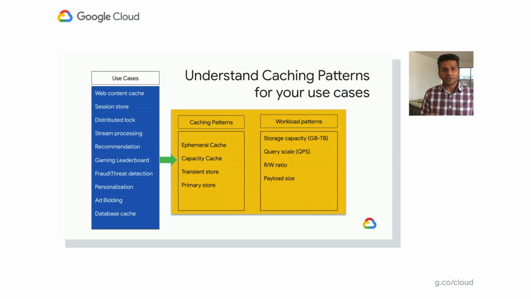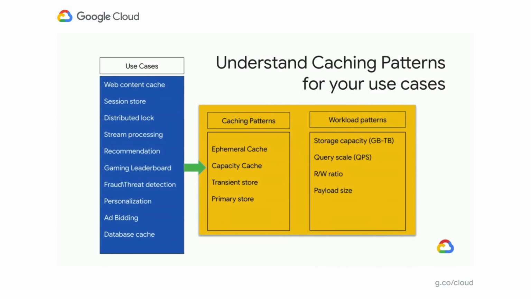So the way we look at use cases is, when it comes to Redis especially, Redis supports a wide variety of use cases. From a simple web content cache or a database cache to distributed log, recommendation engines, threat detection, fraud detection, whatnot. But the key thing to understand is that each of these use cases maps to 4 different, what I call caching patterns.